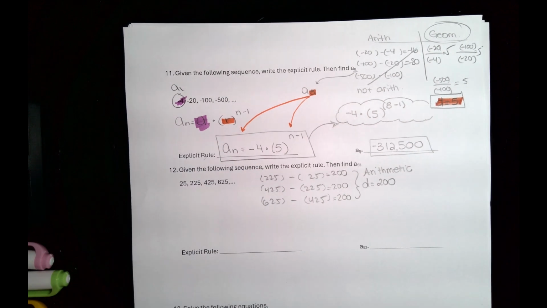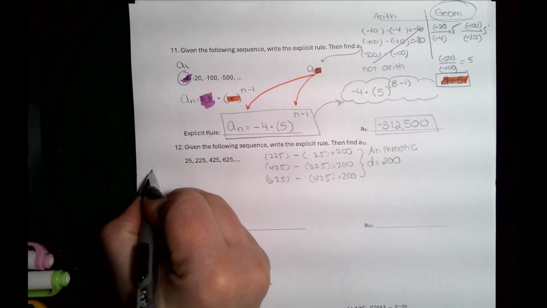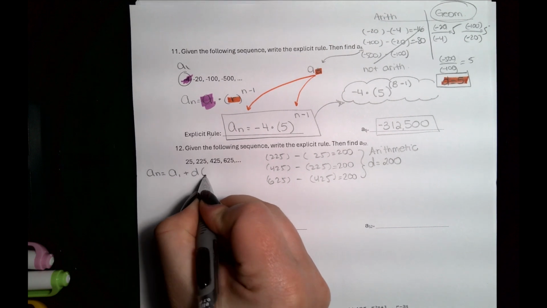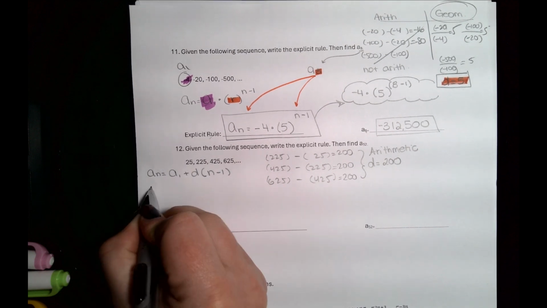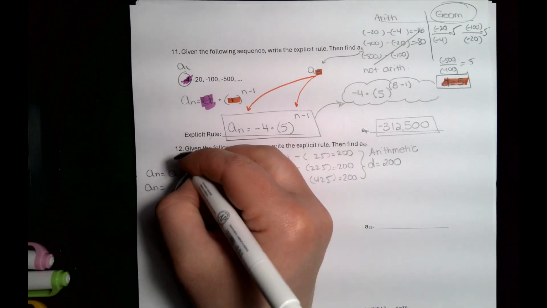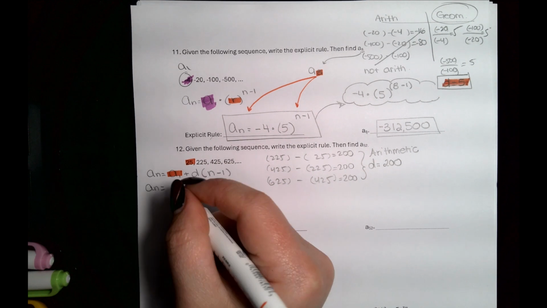That means be careful, we have to do a little bit more with the explicit rule. The explicit rule is a sub n is equal to a sub 1 plus d times n minus 1. Keep the a sub n. A sub 1 is the term in the first position. So our term in the first position is 25.